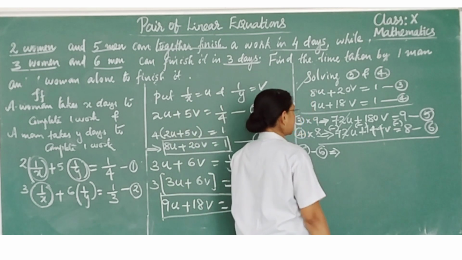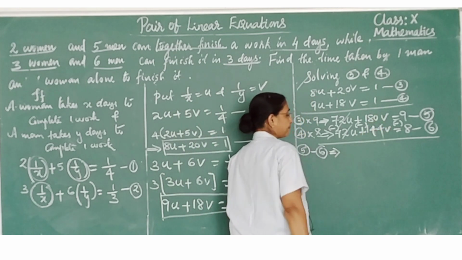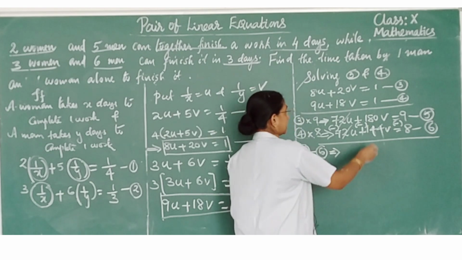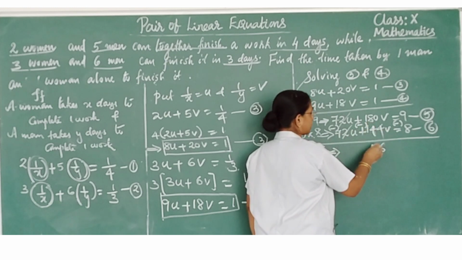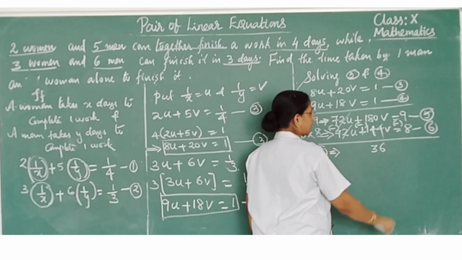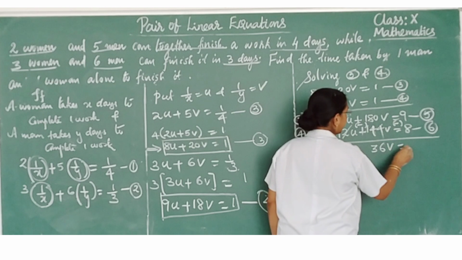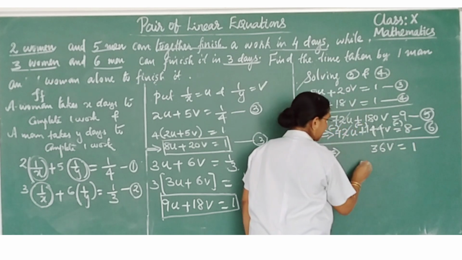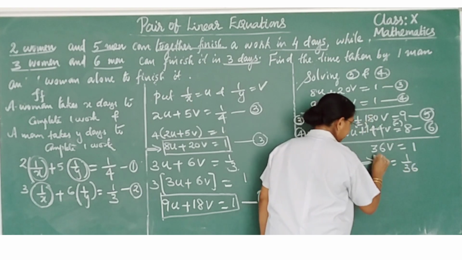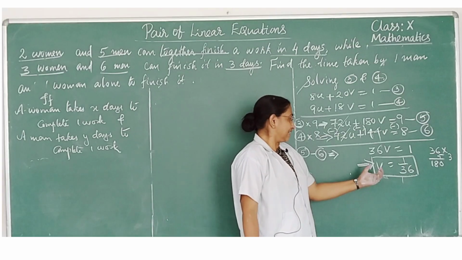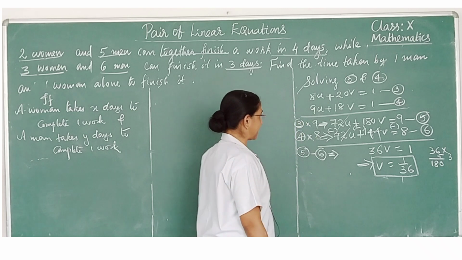The remaining is plus 180 minus 144. 10 minus 4 is 6. Here comes 7. 7 minus 4 is 3. 1 minus 1 is 0. So 36V equals 9 minus 8 is 1, which implies V equals 1 by 36. Thus we obtain the value of V as 1 by 36.